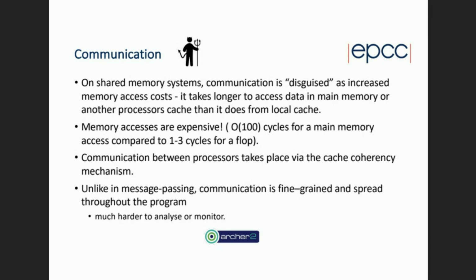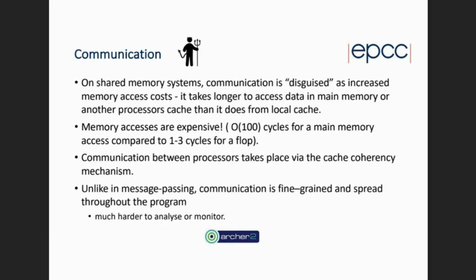Okay, anything else? Right, let's talk about the nasty stuff then. The next one up is communication. The problem here is that in shared memory systems, the communication is kind of disguised. It really shows up as increased memory access costs, because it takes longer to access data that's in main memory or in another processor's cache than to get it from the local cache.